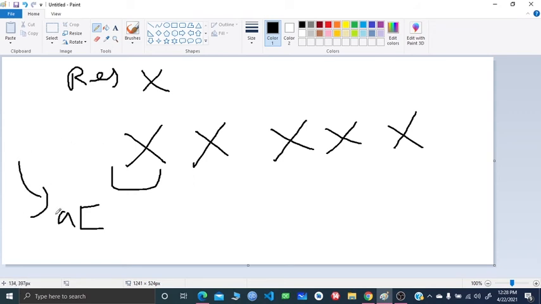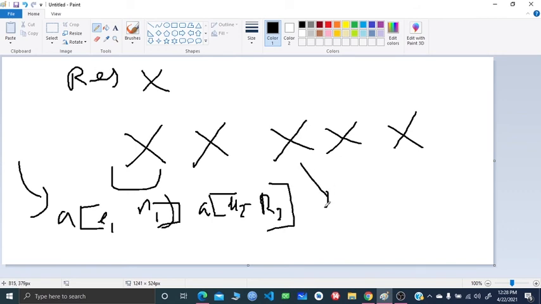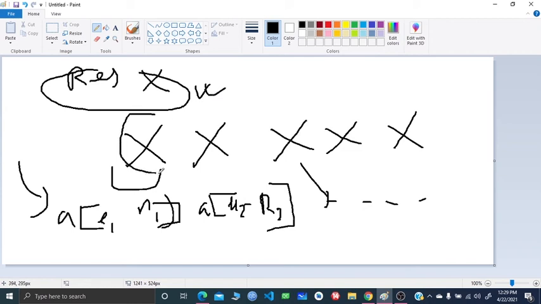You run a big O of n for loop, from L1 till R1, then L2 till R2, and so on. After finding that X, that X is definitely the value that is left in the final array. I hope you get that.